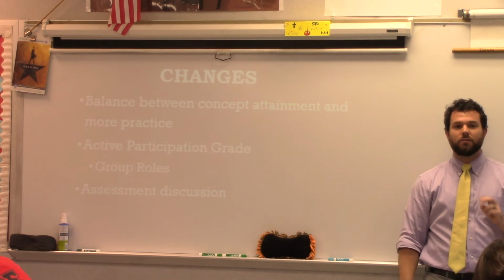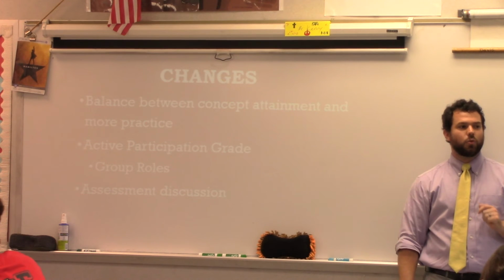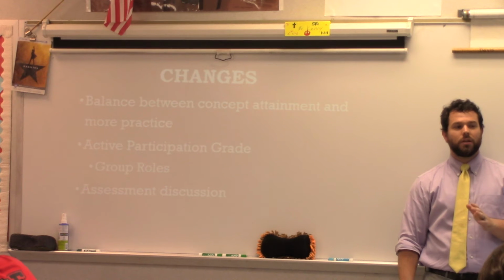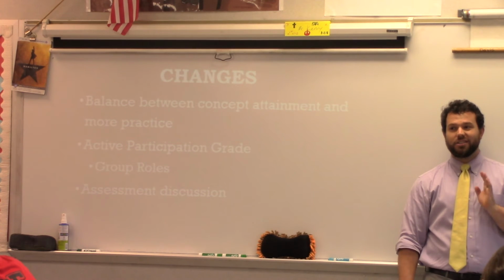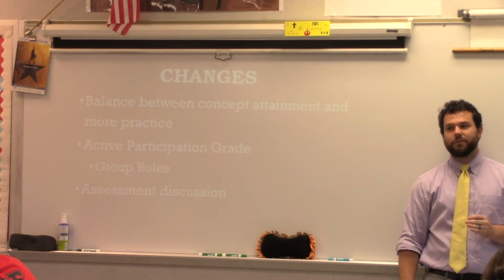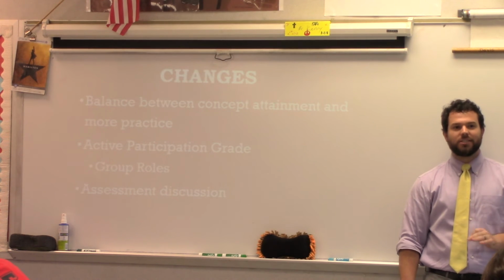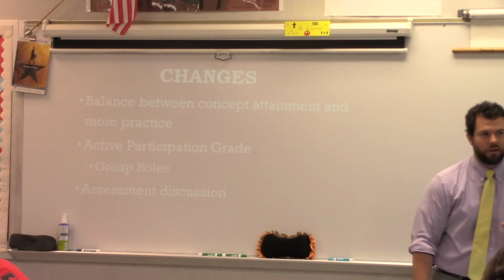Okay. So that active participation grade is 5 points every day. It's easy money, right? If it's a 5-day week, that's 25 points just by you actively working in the group. Can you sit there silently and earn a 5 out of 5? No. It is active participation, active collaboration, okay?